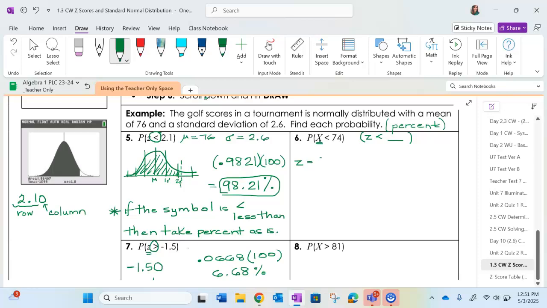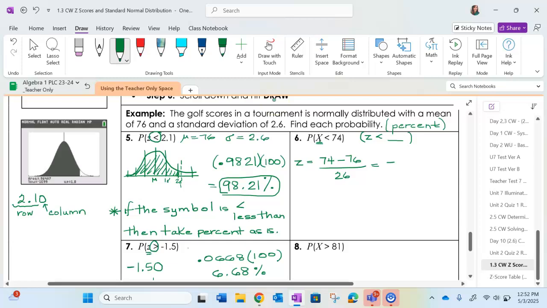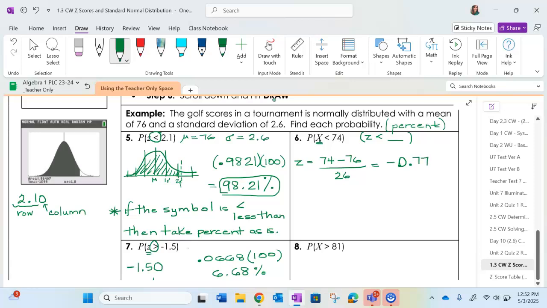So I'm going to say 74 minus the mean of 76 divided by the standard deviation of 2.6 equals, I'm going to put that in my calculator, 74 minus 76 divided by 2.6 gives me negative 0.77. Negative, well, I'll throw that 0 in there. 0.77, which is perfect because I want one digit in front, two digits behind.